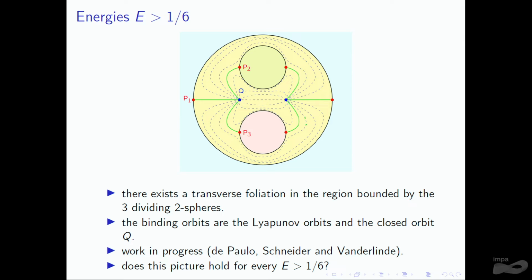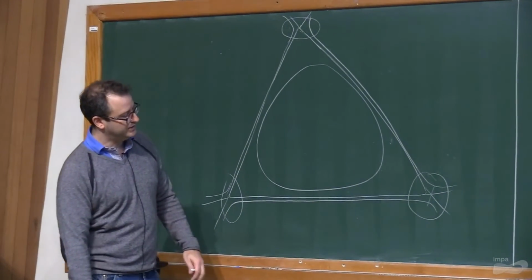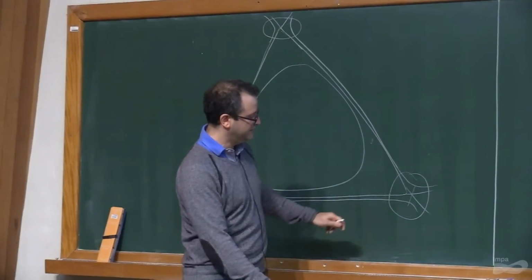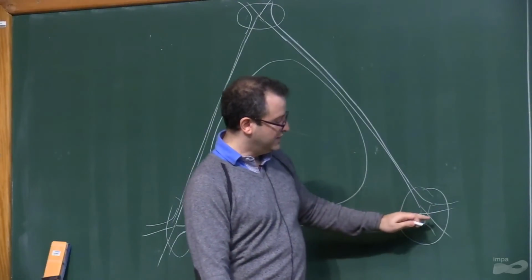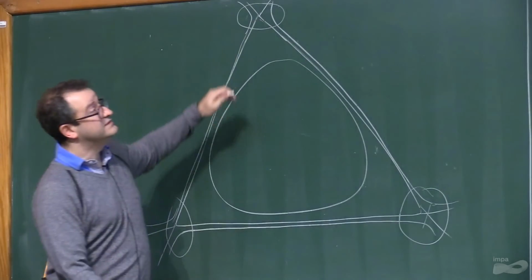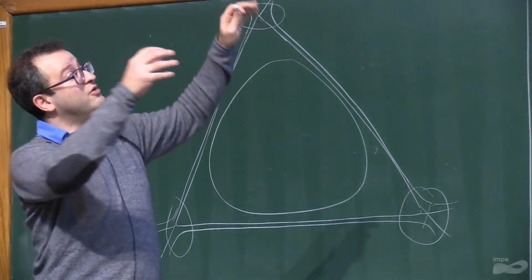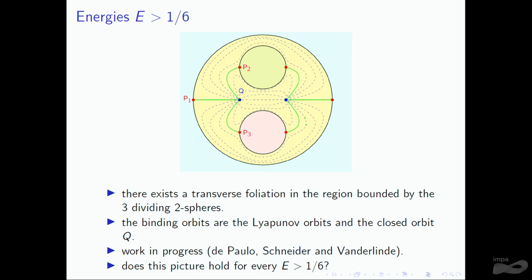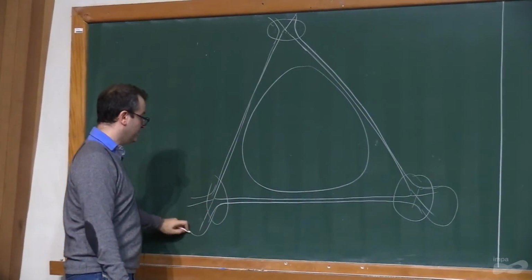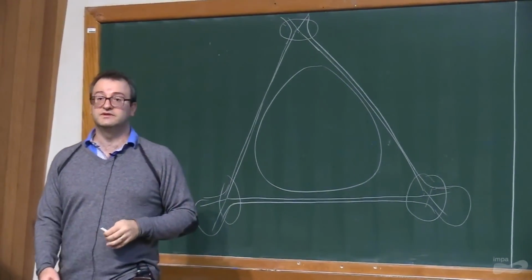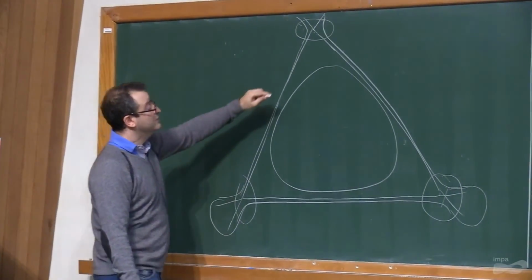So let me try to explain. You lose convexity, but you have some control of the index around this region. So this is that region, this ball with these two balls inside removed. And then we can cap these three balls, taking symmetric regions and changing the Hamiltonian in such a way that this becomes compact, deforming the Hamiltonian so that you cap this region.